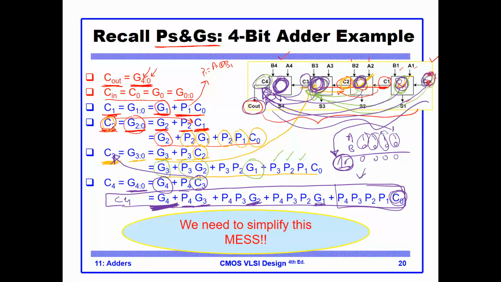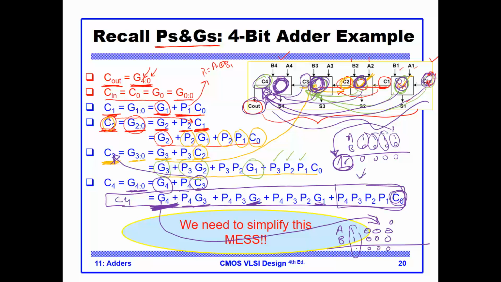Let's take an example of this case where G4 equals 1. So an example will be if A, for example, is 1, 0, 0, 0, and B equals 1, 0, 0, 0, and let's have Cn of 0. Now, notice that here I'm going to get 0, 0, 0, until I get here.